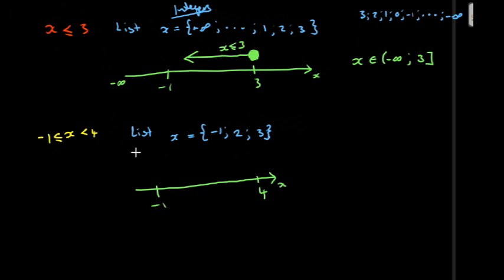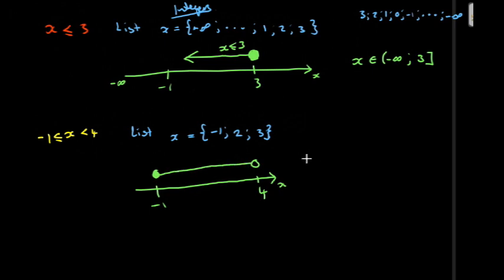On the side of negative 1, are we shading or not shading? We are shading. How about this side? Are we shading or not shading? The side with 4, we are not shading. So we are going to just have this and we join them that way.